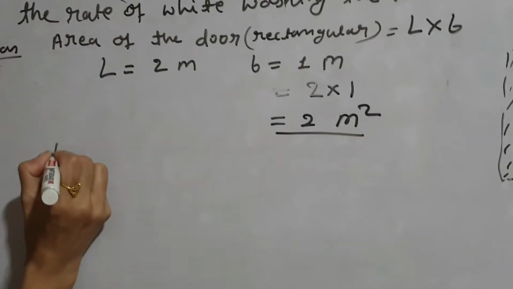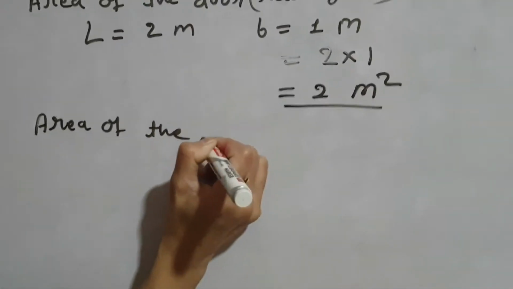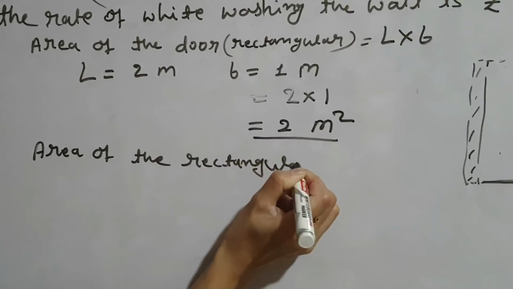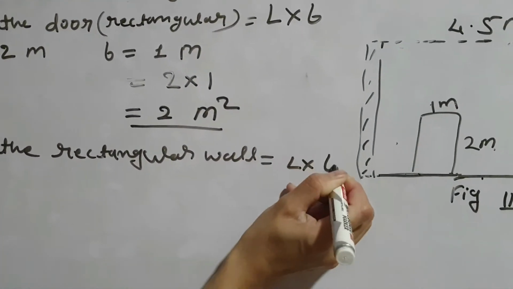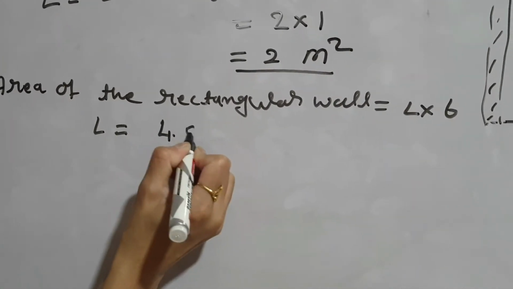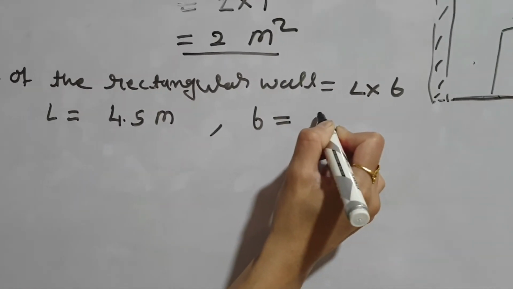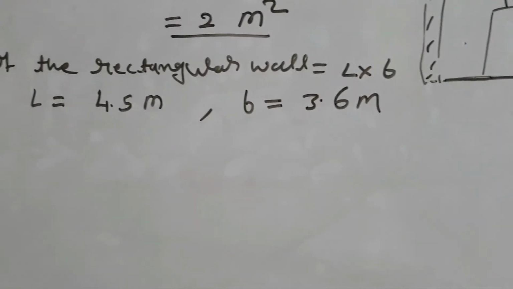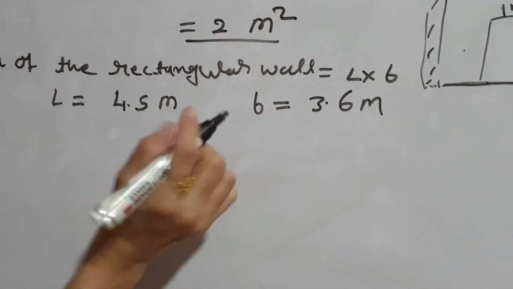Now we will find out the area of the rectangular wall. Again, length multiplied by breadth. Length of the wall is 4.5 meter and breadth is 3.6 meter. You have to write everything step by step.